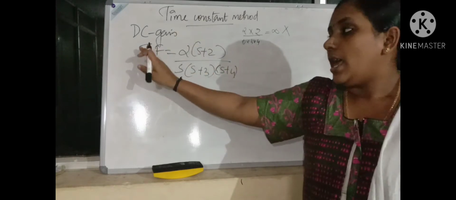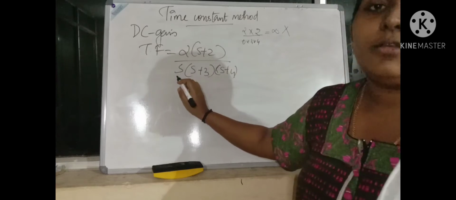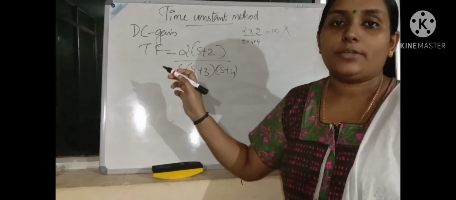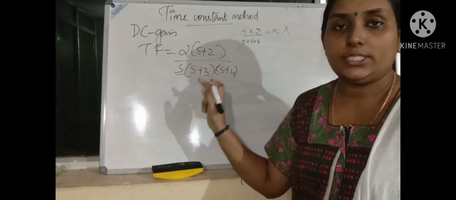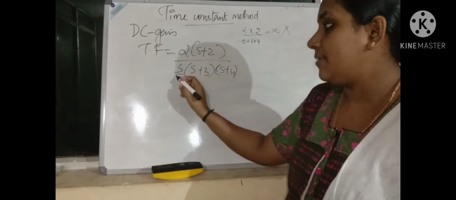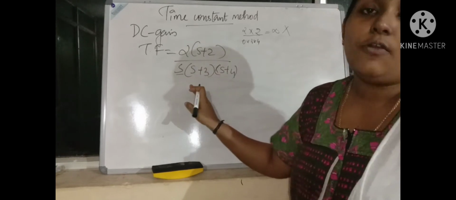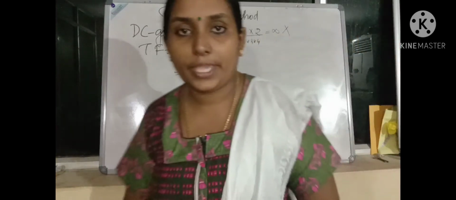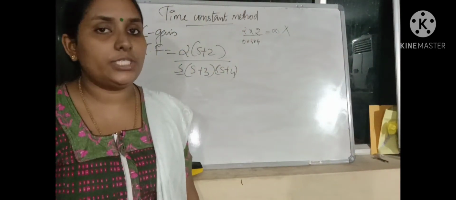So, while doing this type of question, check whether the pole is at origin or not. If any one of the poles is at origin, then just eliminate that pole at origin and put the value S equal to 0. We'll get the transfer function easily.